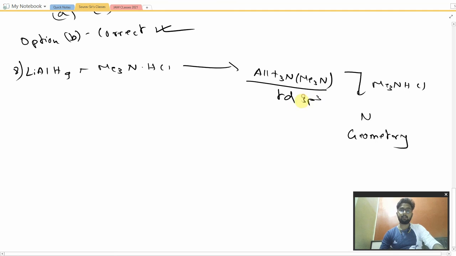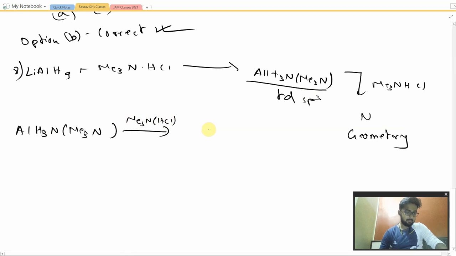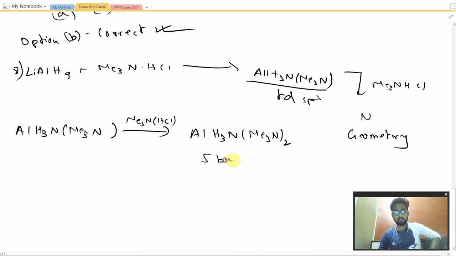Now, AlH3·NMe3 when reacted with Me3NHCl again, this compound is formed: AlH3·(NMe3)2. This has five bond pairs, and the hybridization is sp3d.